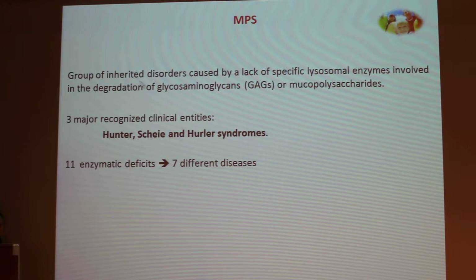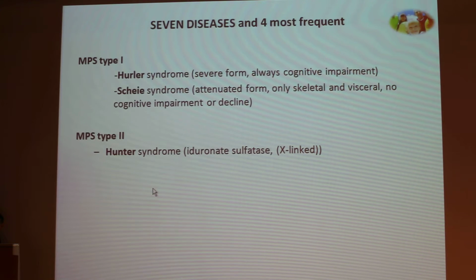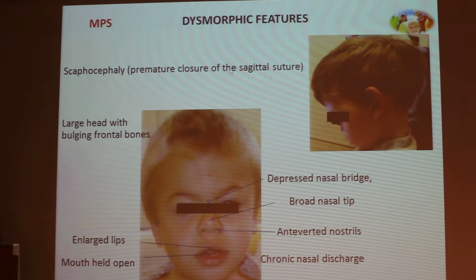It is a group of inherited disorders caused by a lack of specific lysosomal enzymes involved in the degradation of glycosaminoglycan. And we have 3 recognized entities, the Hunter, the Scheie, and the Hurler syndromes, with 11 enzymatic deficits and 7 different diseases. And I will show you the dysmorphic features with a scaphocephaly, a large head with bulging frontal bones, here an enlarged lip, wide open mouth, depressed nasal bridge.